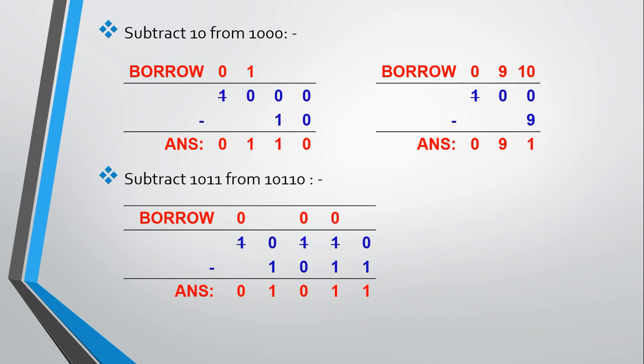Let me repeat this slide once again. First of all, let me explain decimal number subtraction. If you want to perform 100 minus 9, at that time you are not able to subtract 9 from 0. So you need to take a borrow. To take a borrow, you need to consider the next order. But again it contains 0.